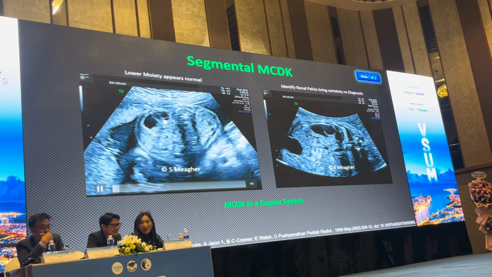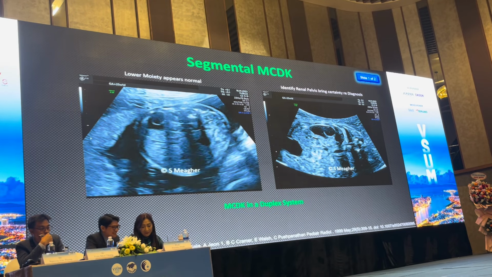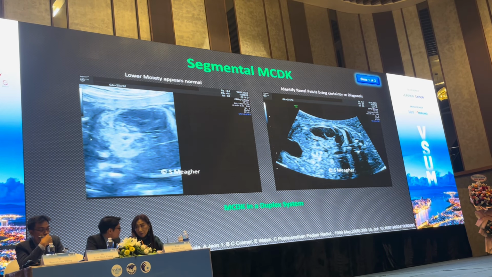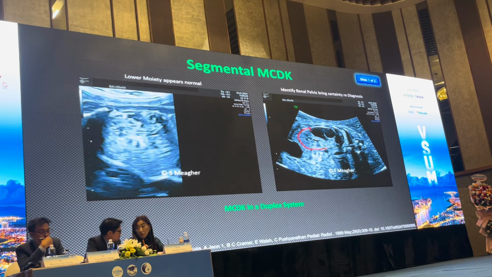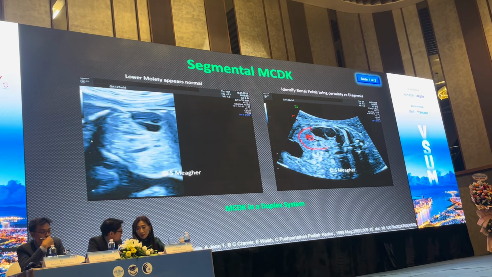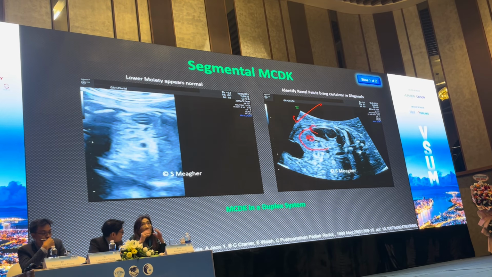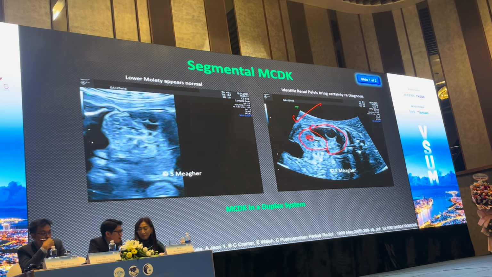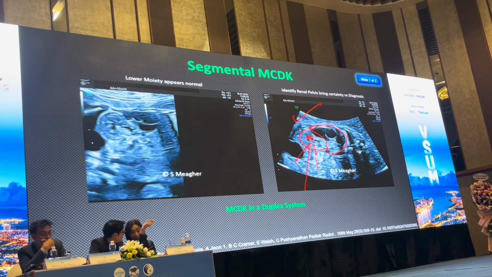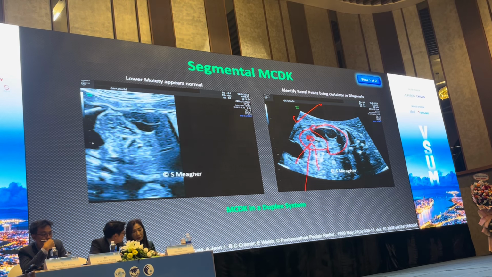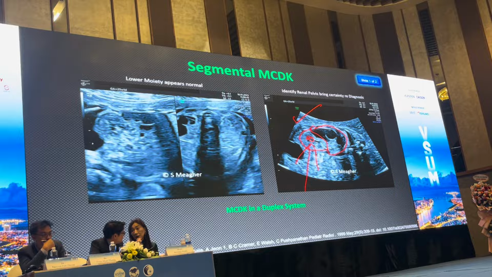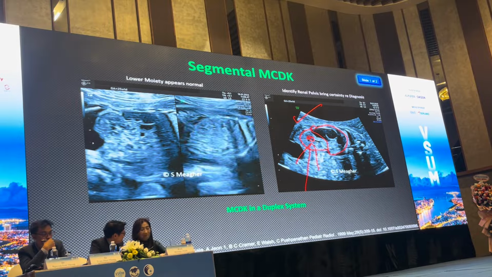There are variations in multicystic dysplastic kidney disease, and I want to show you these variations. In this lower moiety of the kidney, it's normal, with a normal renal pelvis. In the upper moiety, you've got multicystic dysplastic kidney. So this kidney will have more normal function in the inferior pole. The superior pole has MCKD because there's obstruction of the second ureter.